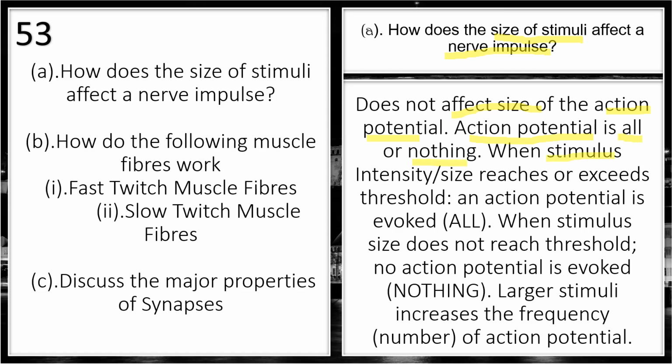When stimulus intensity or size reaches or exceeds threshold, an action potential is evoked, and that's what we call all. When the stimulus size does not reach the threshold, no action potential is evoked, and that one is referred to as nothing.